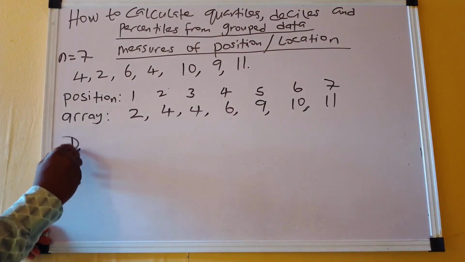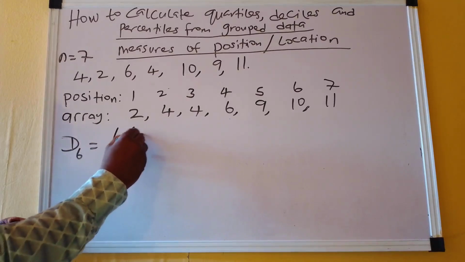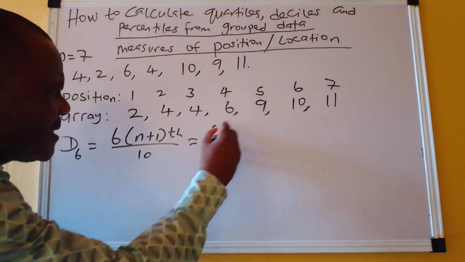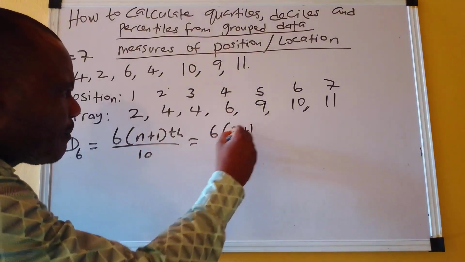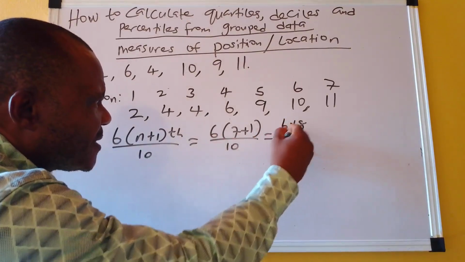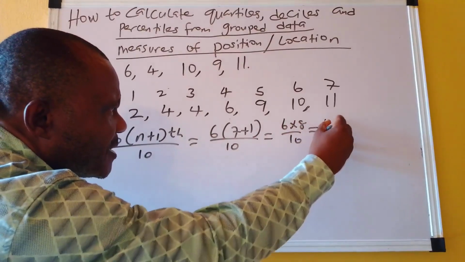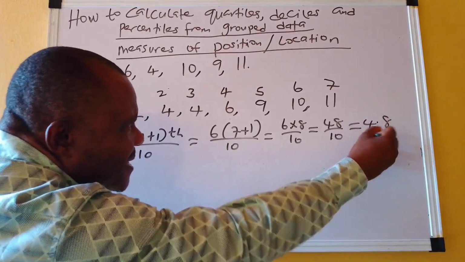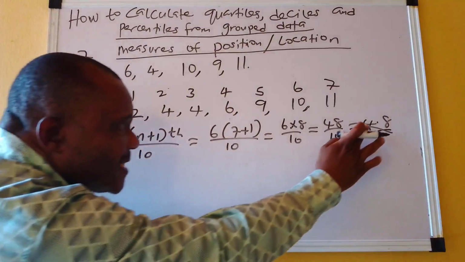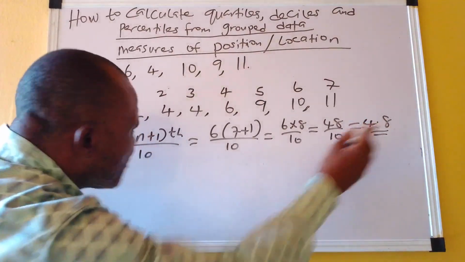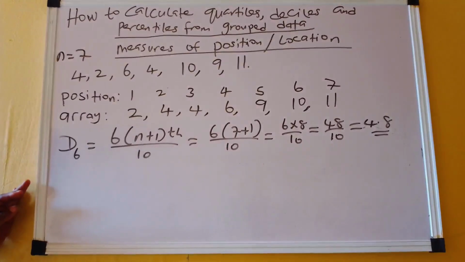So my D6 will be equal to 6 into n plus 1 items all over 10. That is 6 into 7 plus 1 all over 10, which is equal to 6 times 8 over 10, which is 48 over 10, equal to 4.8. So the item in the 4.8 position is our 6th decile.